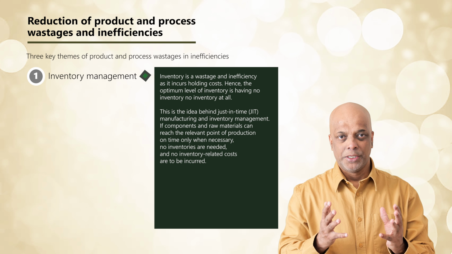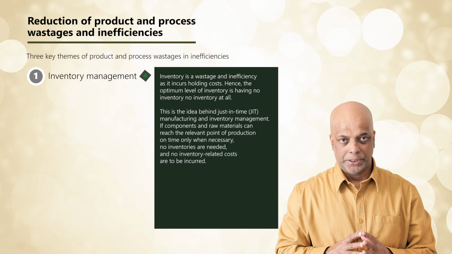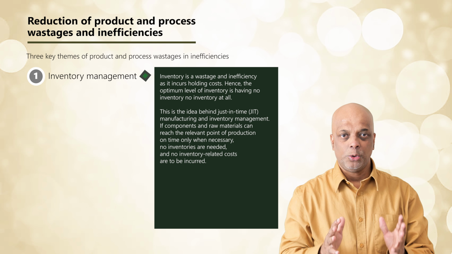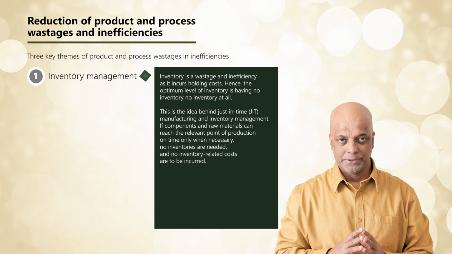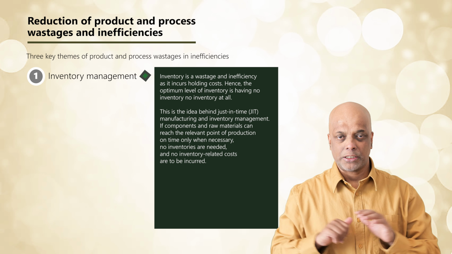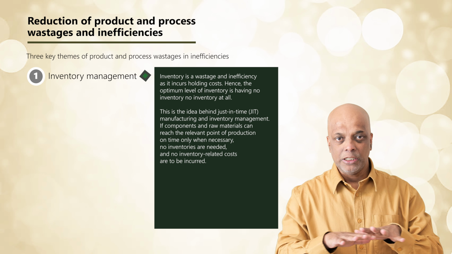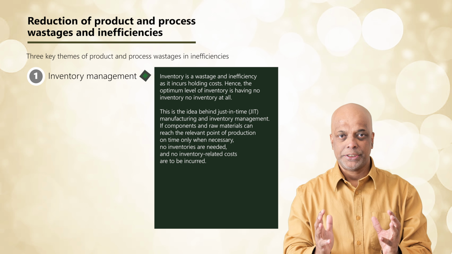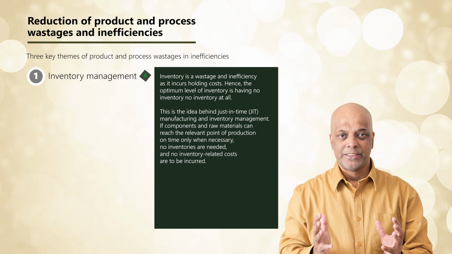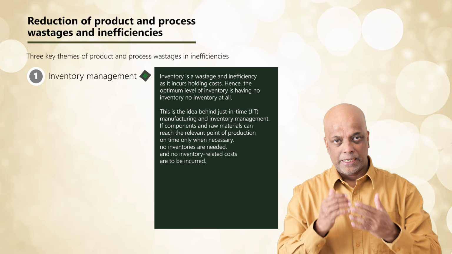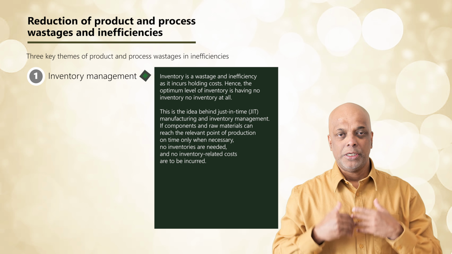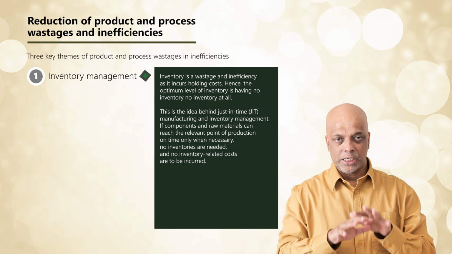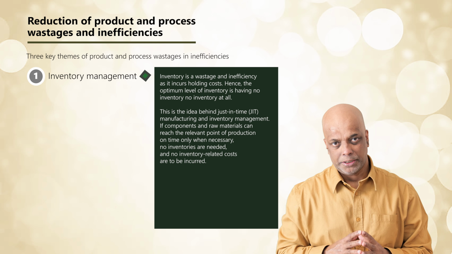So therefore, the ideal point, the optimum point regarding inventory management is not to have any inventories. If a company can run their production process and continue with their day-to-day operations without having any inventories or stocks, then it is the ideal. So that is what companies are now trying to implement. We call that just-in-time manufacturing or just-in-time inventory management.